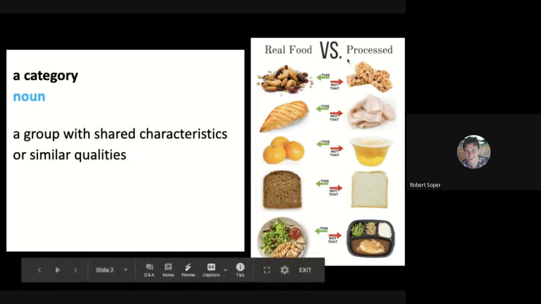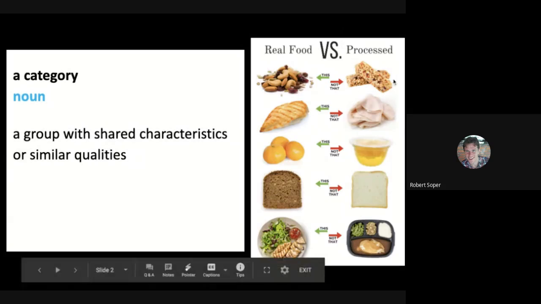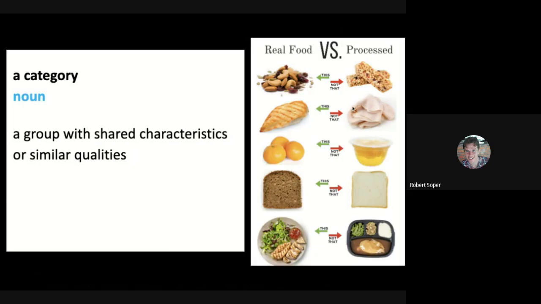And here we have the category processed food. So what quality do all of these foods share? Well, very simply, they are processed. They come out of factories, and some of the products inside them are less natural or not natural.